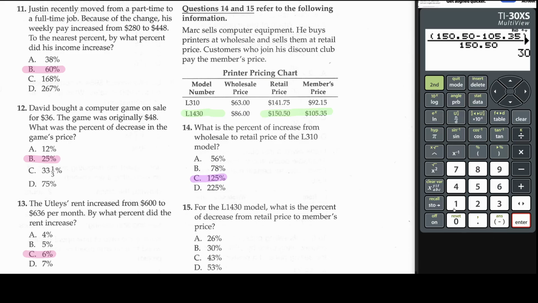I get 30, so it shows a 30% decrease. Okay, so let's push that button there. 30% decrease. That means the retail price is much more, and when you pay the membership price, you will save 30%.